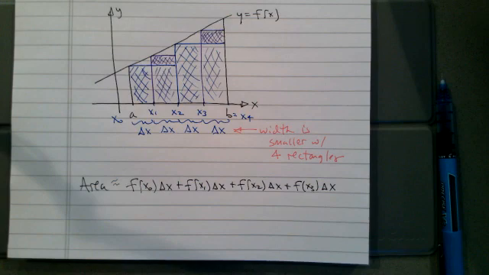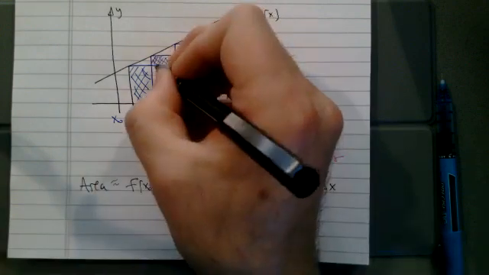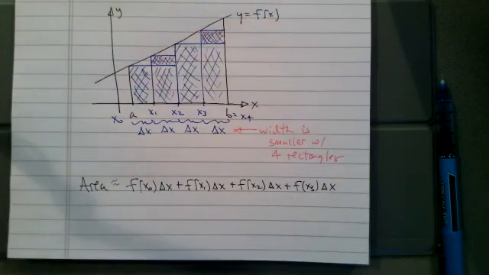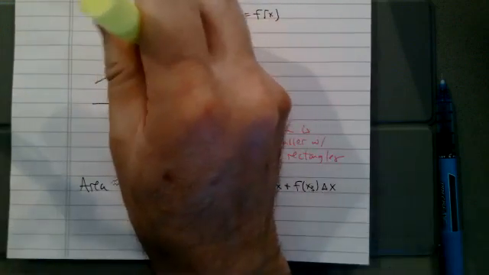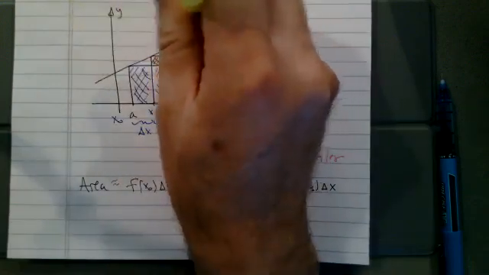The width got smaller, but now I'm making up for that by using more rectangles. Because I took what was missing before, and now I've added that to my total approximate area.